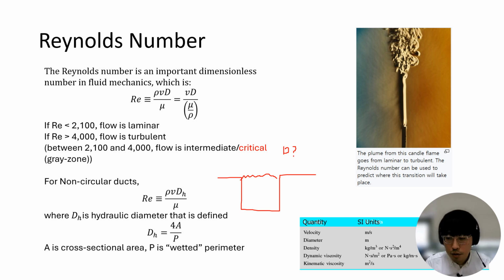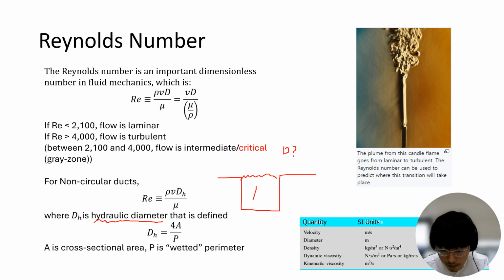So to determine the Reynolds number in such a case, we define the hydraulic diameter, which is the pseudo diameter, to find the value of the equivalent diameter. This is defined by 4 times the area divided by the perimeter, and that perimeter is the wetted perimeter, the perimeter that is in contact with the fluid.